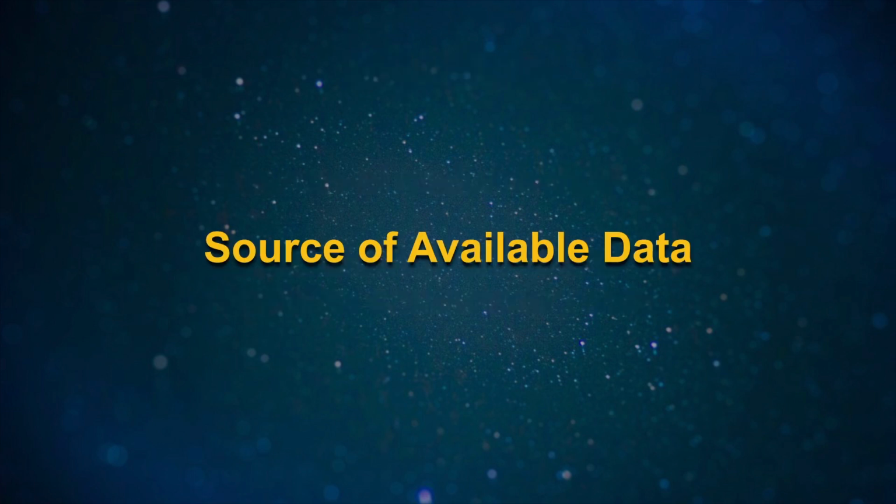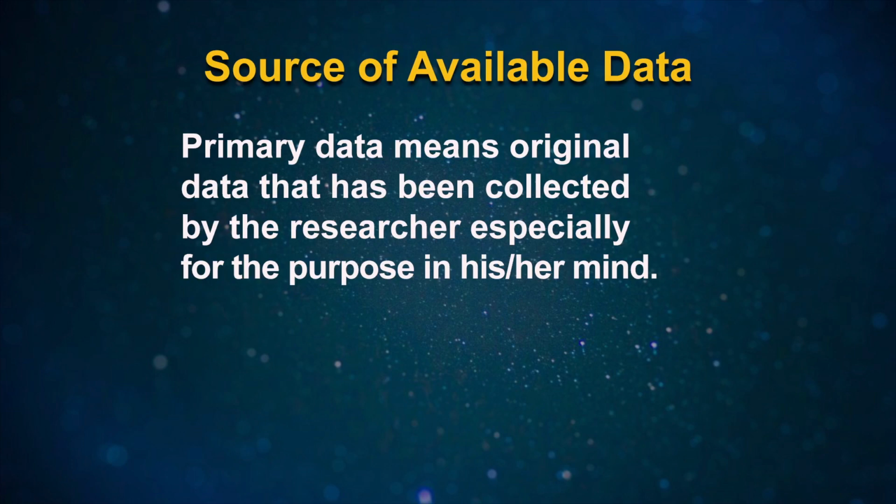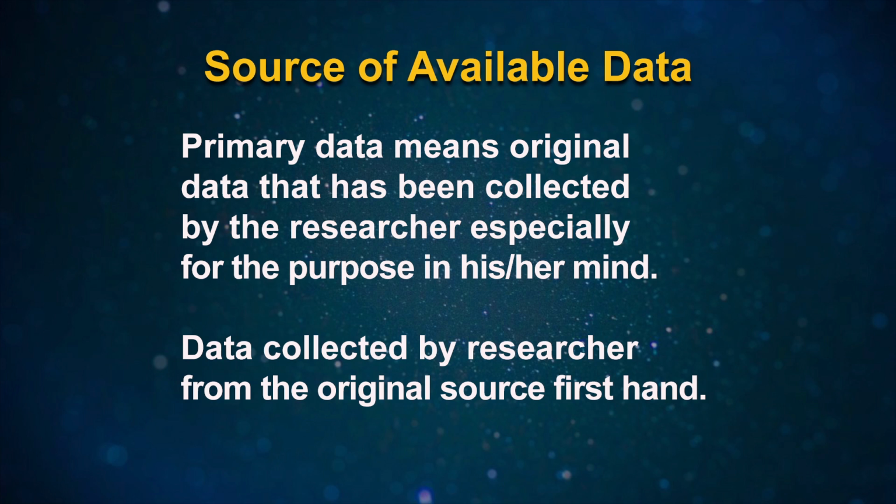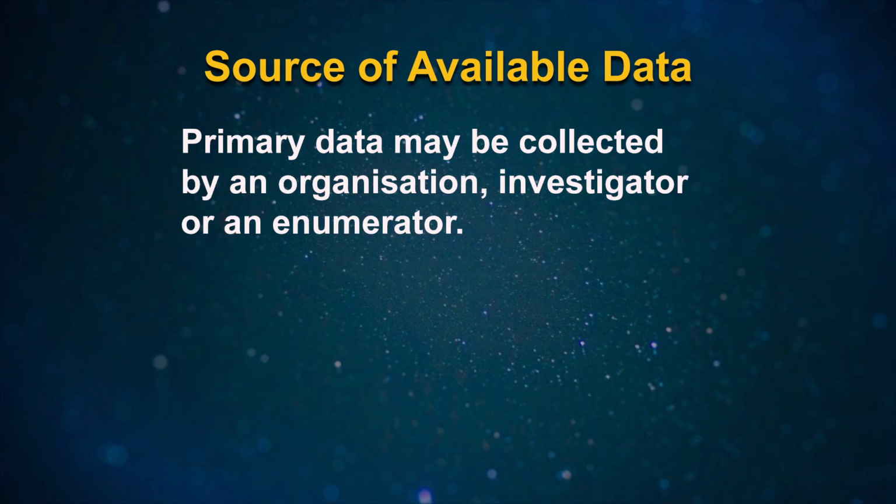Sources of available data. Primary data means original data that has been collected by the researcher, especially for the purpose in his or her mind. In other words, data collected by the researcher from the original source first hand. Primary data may be collected by an organization or investigator or an enumerator.